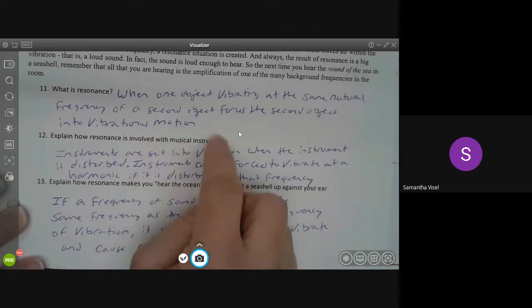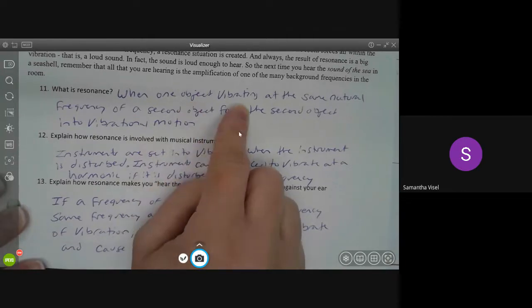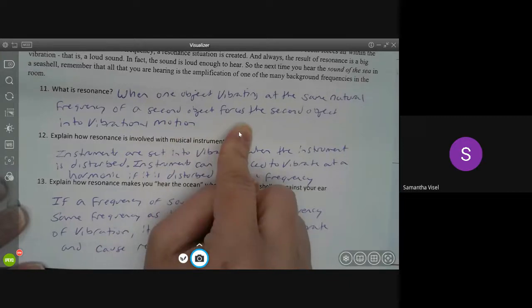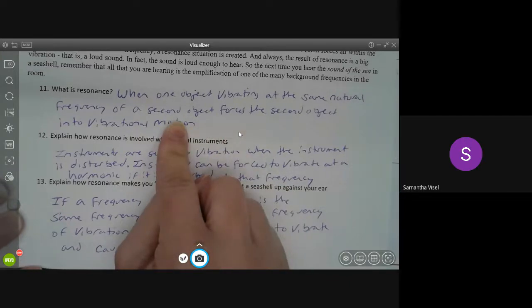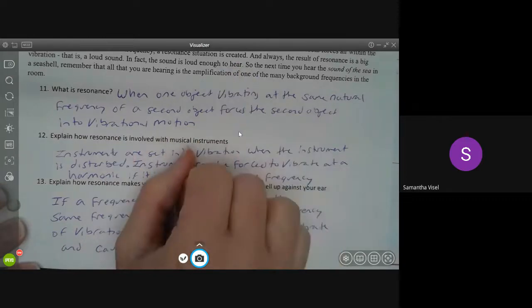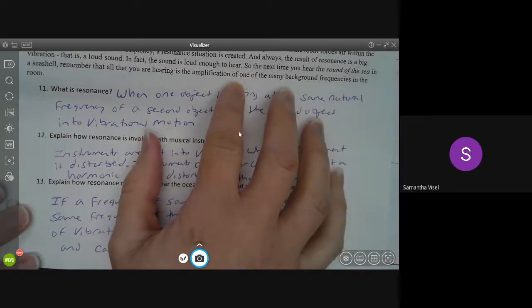So resonance is when one object is vibrating at the same natural frequency as a second, and that forces the second object into vibrational motion. All substances have a set natural frequency in which they are going to vibrate if a disturbance can make them vibrate and shake and emit sound.